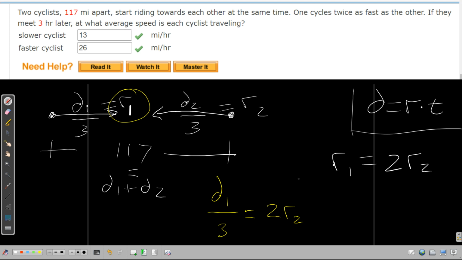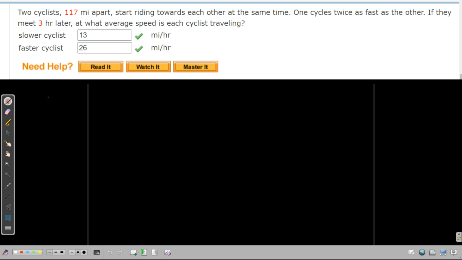And we still have this equation that D2 over 3 is equal to R2. So actually, this is messy. Let me start over here. So I have a better way to write it that's neater.